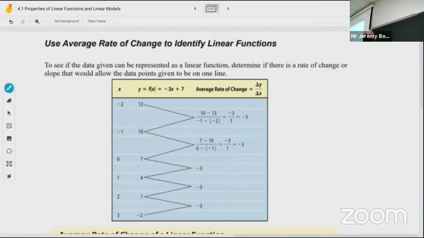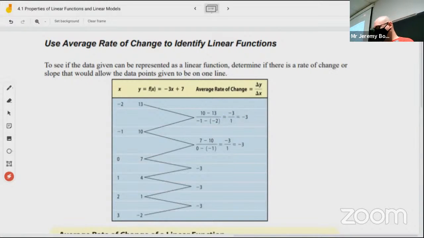If we want to see if this can be represented as a linear function, then what we need to do is calculate the slope between all those different points. So we need to calculate the slope between this point and this point, which we're going to do the difference in y divided by the difference in x, and we get -3.